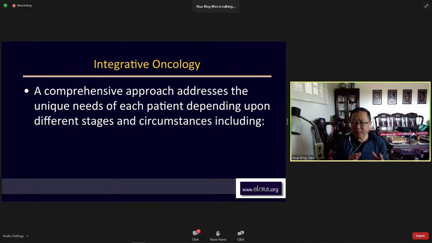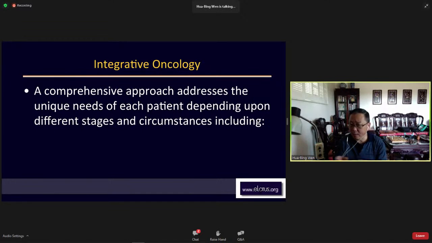In conventional medicine, there's pre-chemo care, a different approach during chemo treatment, and also post-chemo, where leftover side effects like peripheral neuropathy call for a different approach.